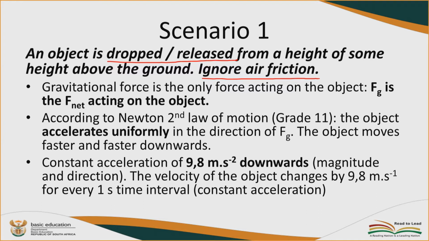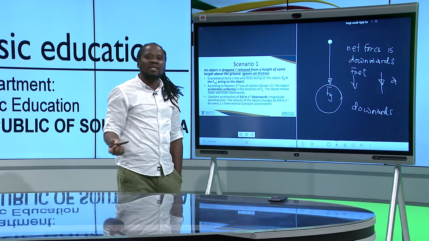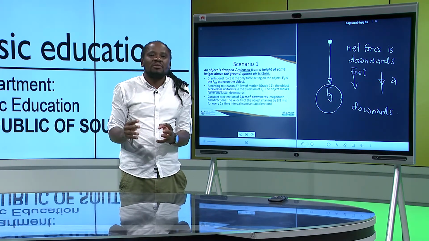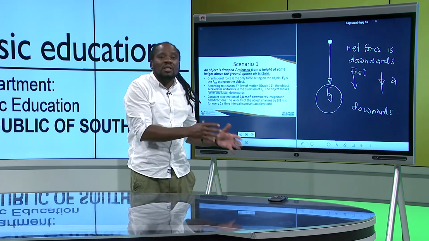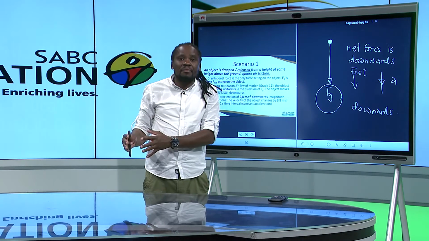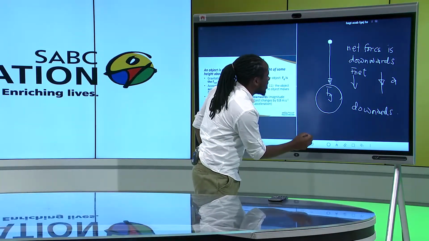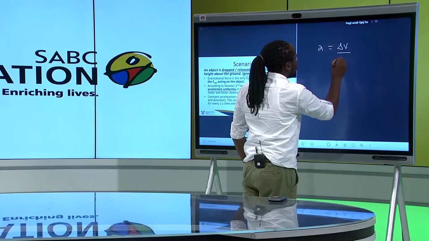But this acceleration is uniform acceleration, which takes us back to what we dealt with in grade 11 and grade 10 as well. If we're talking about uniform acceleration, we are basically saying that the velocity changes by the same magnitude for every 1 second interval. So per unit time, the velocity will change by the same amount, because acceleration is change in velocity per unit time.